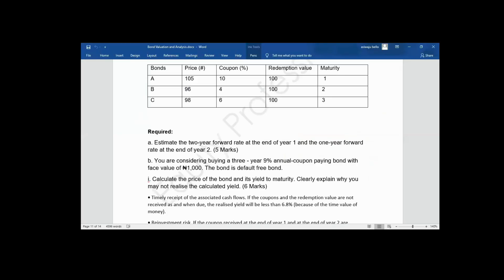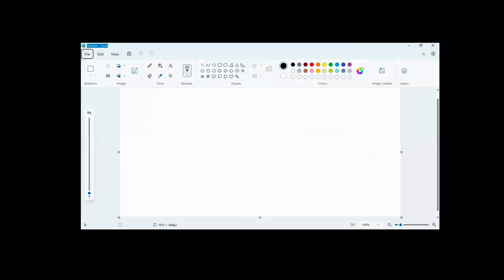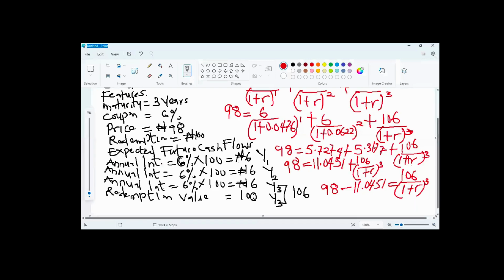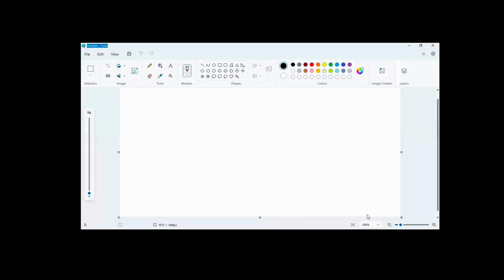So we take it from where we stop. The difference is 86.9549. Let me expand this.